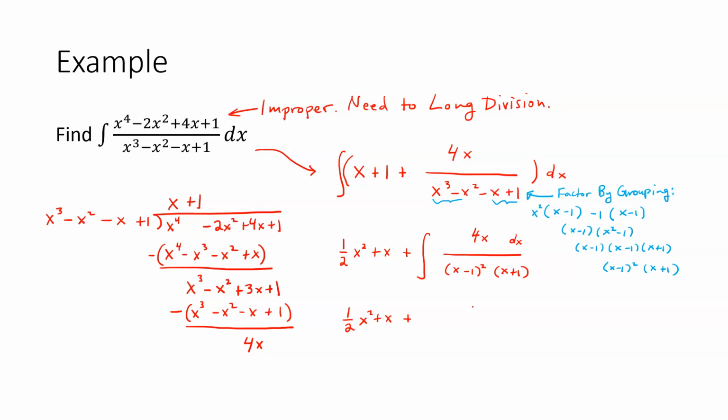So for the repeated one, we'll have A over x minus 1 plus B over x minus 1 squared, one for each, coming up to the power of 2. And then this one's not repeated, so this will just be C over x plus 1. Okay, so we'll have to figure out what A, B, and C are now.